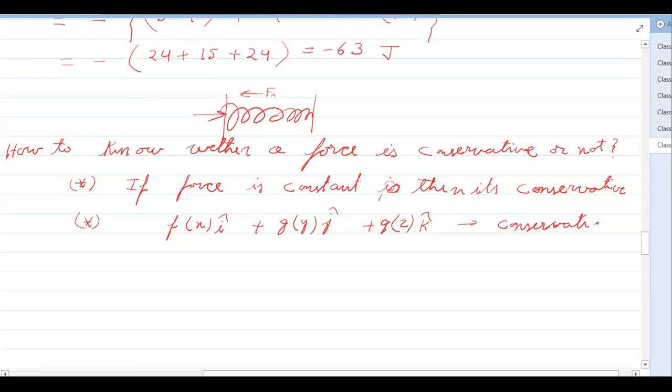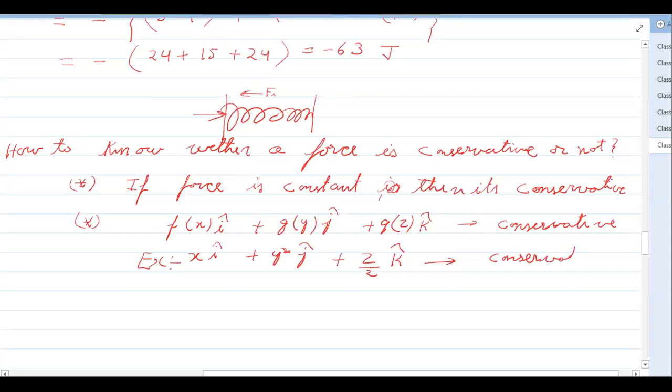It means that if you have x i cap, y square j cap, and z k cap or z by 2 k cap, this will be conservative, because the i cap component is only a function of x, the j cap component is only a function of y, and the k cap component is only a function of z.